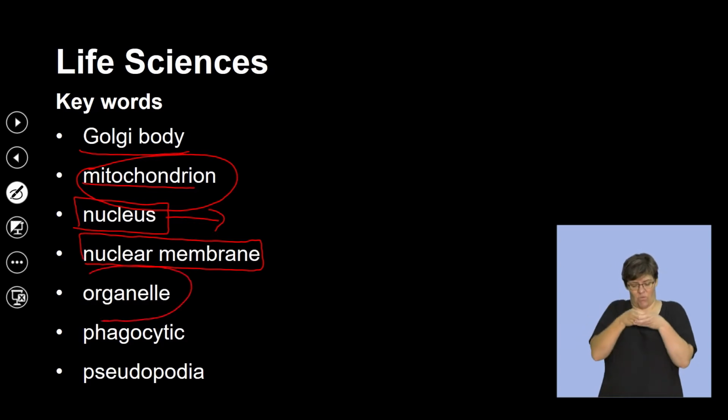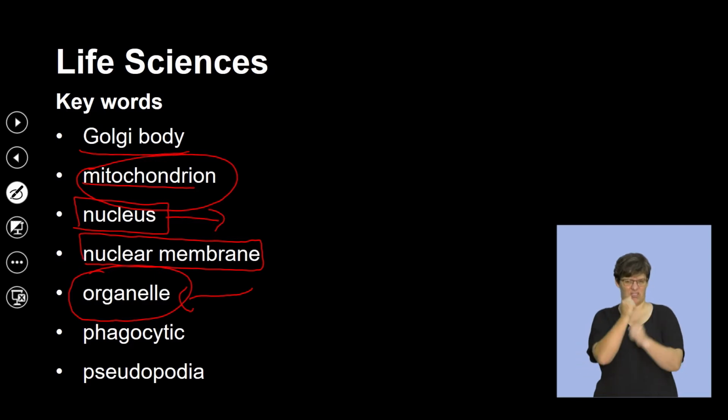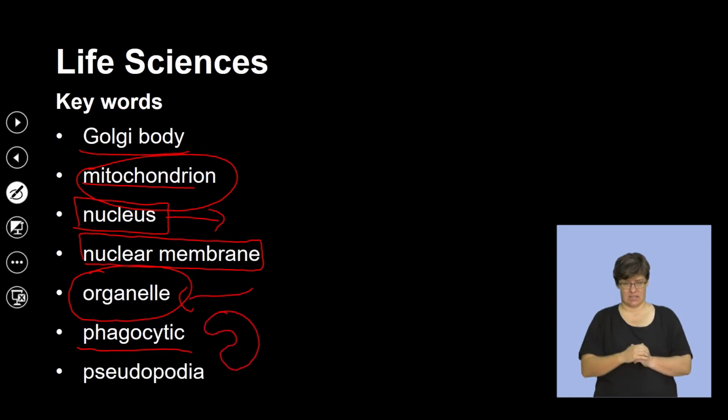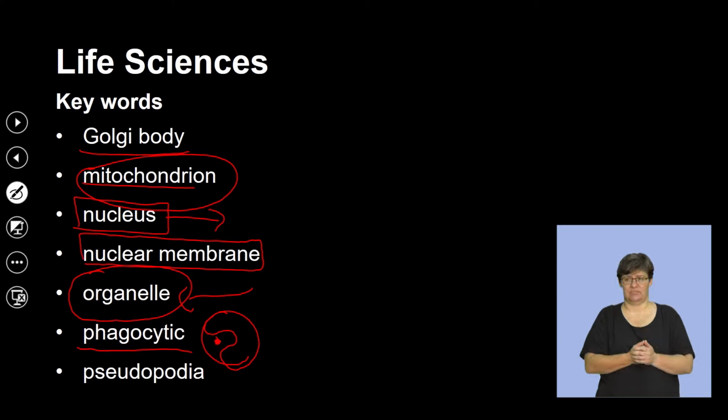These are structures that make up a cell, and they're called organelles. We're going to look at a concept called phagocytosis. Basically, it's how a cell will engulf, or an enzyme can be used to break down certain substances. And structures called pseudopodia. Pseudo meaning false, and podia referring to feet.